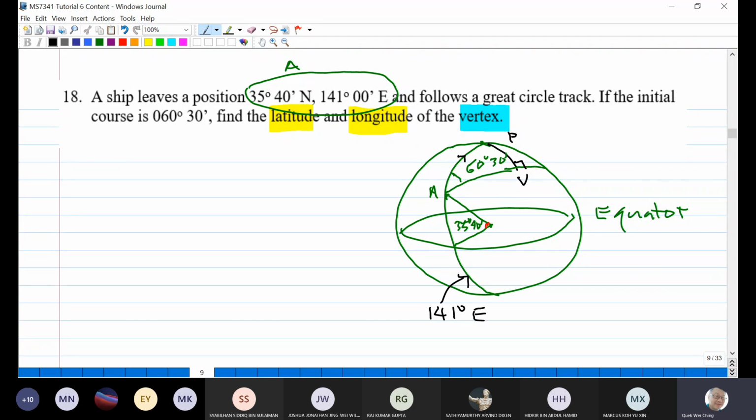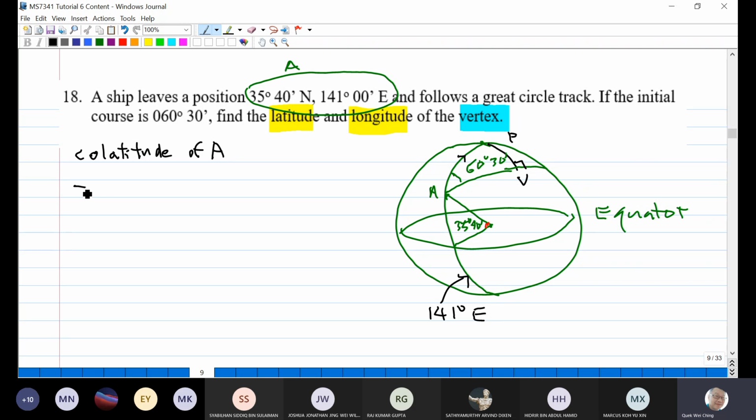Let's see how we go about this. Because this is a right angle triangle, eventually we have to use Napier's wheel. But before that, let's do some calculation first. One of them is to find PA, the co-latitude of A. What is that equal to?